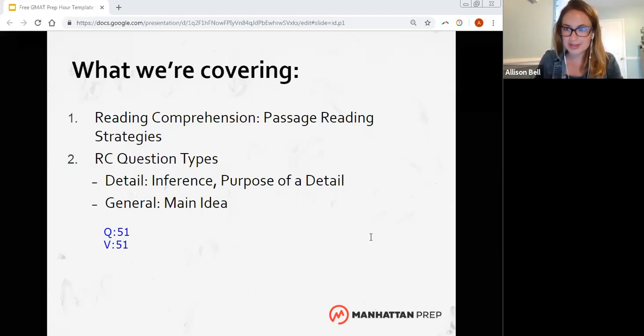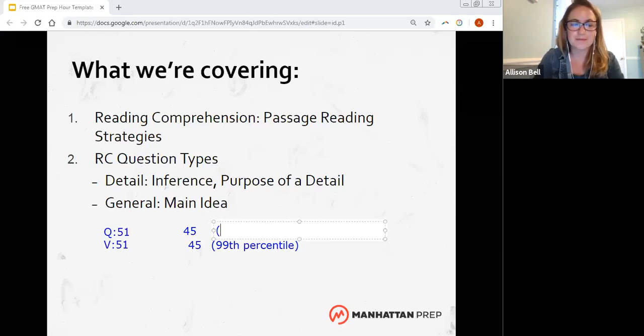On the GMAT, there's a weird thing that happens with percentiles, where if you get, let's say, a 45 in quant and a 45 in verbal, it's going to tell you you're at the 99th percentile in verbal. And in quant, it's going to tell you something else. It's going to tell you you're at maybe the 50th percentile.